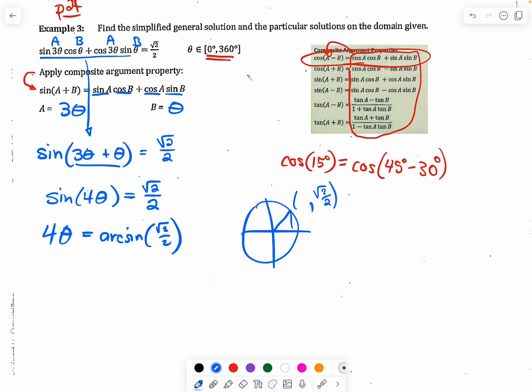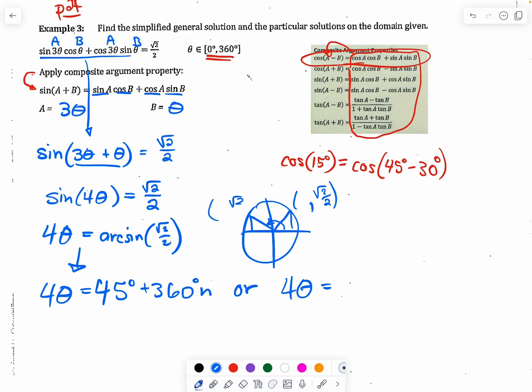However, there's also another one. So the first branch: 4 theta equals 45 degrees plus 360 degree n, or 4 theta could equal the other angle that also has a sine of radical 2 over 2, which is 135 degrees plus 360 degree n.